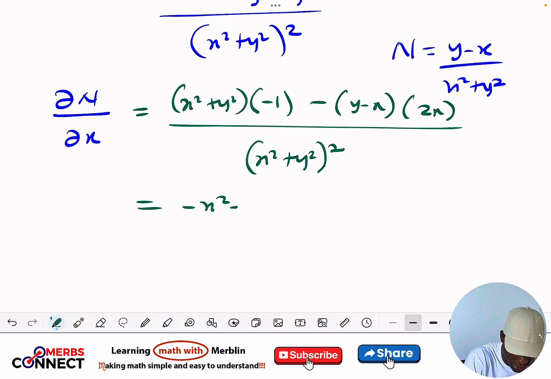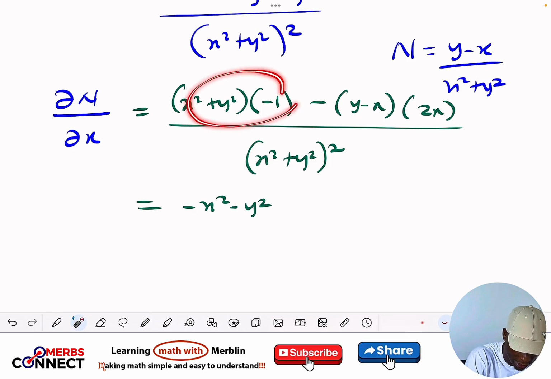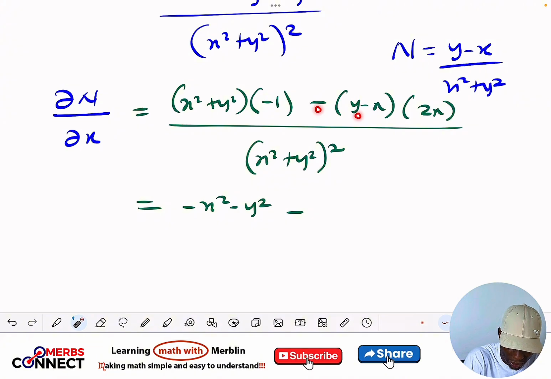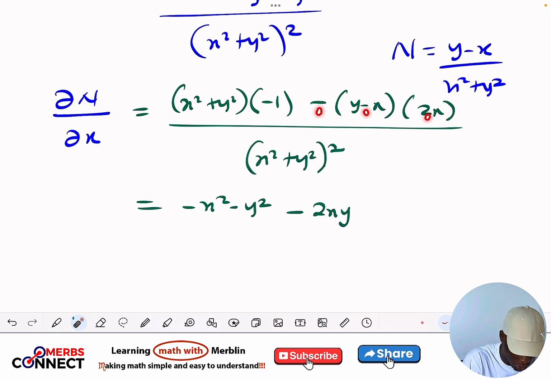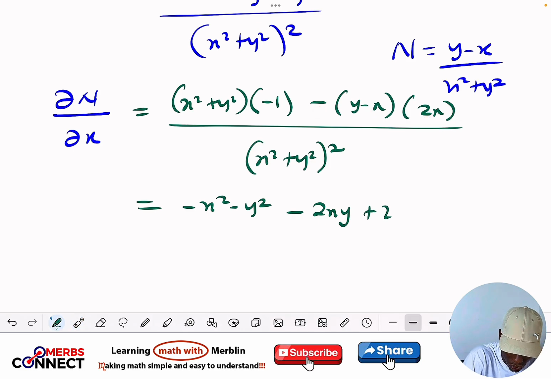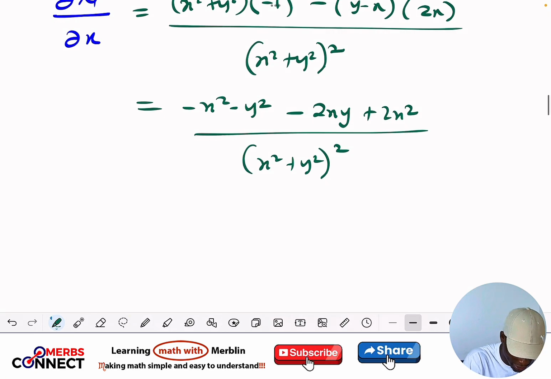So minus x squared minus y squared, when I multiply this, then minus times this is going to give us 2xy. Then minus times this is going to be plus 2x squared divided by x squared plus y squared all squared. So let's try and simplify it.